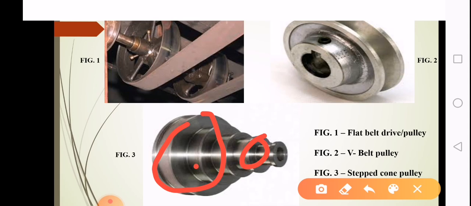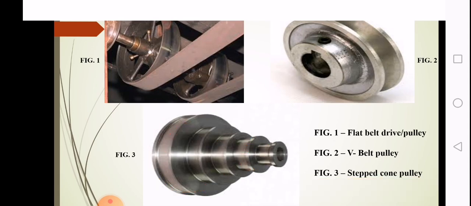So if this is the arrangement which is mounted on the driver shaft, an opposite arrangement will be on the driven shaft, and it depends on how exactly you pass the belt. Suppose I pass the belt from this to a smaller size on the other side. If you remember the velocity ratio, it is D2 by D1.